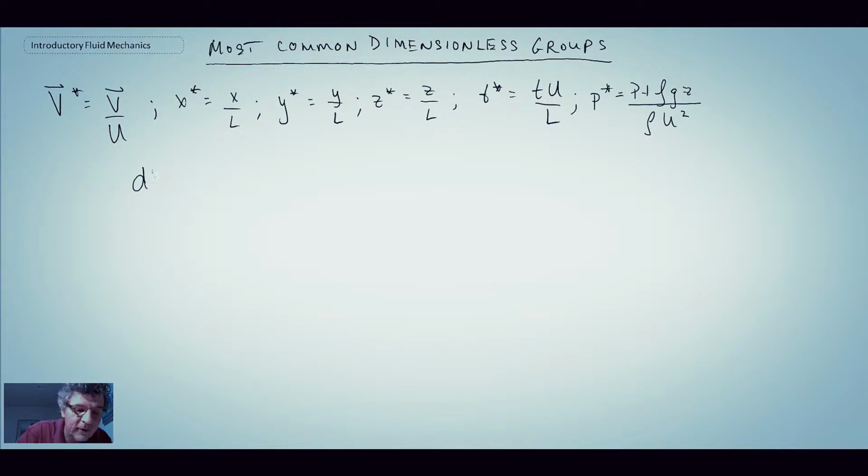So this would be our total or substantial derivative. We would have a gradient of pressure, plus we would have our viscous dissipation term, and it would be multiplied by some pre-multiplier here.